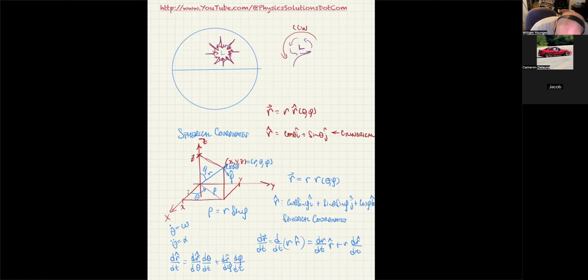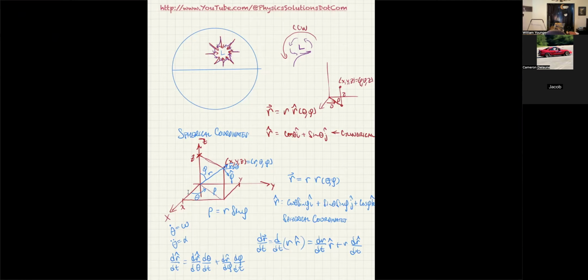The cylindrical coordinates, just to give you a quick rundown on what that would be, would be, again, x, y, z, but this time all we measure is the rho, the theta, and the z up, so that that point becomes x, y, z, but it also becomes rho theta z.